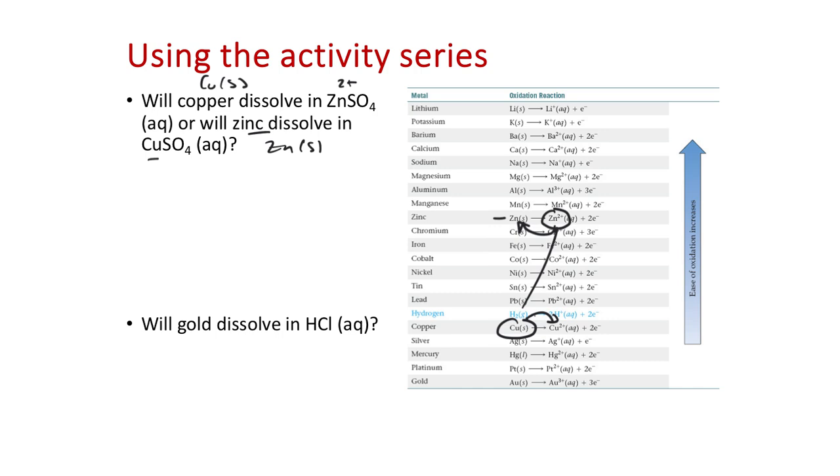Let's think about the other reaction, the related reaction where we take the zinc solid into a solution of copper cation. Can zinc go to zinc 2+ and then copper go back to the lesser stable copper solid? That should be the reaction that takes place.